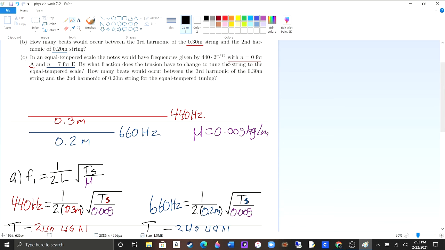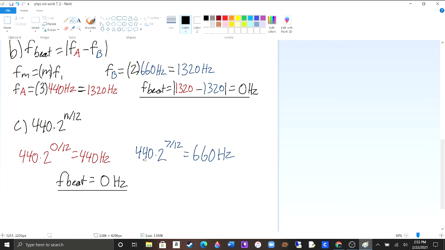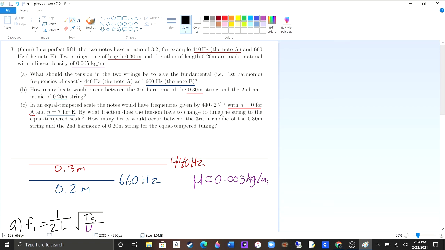And it asks for what fraction the tension has to change. But since these equal exactly what they were before, the tension doesn't have to change at all. So the answer is 0 or 1, however you want to answer that.